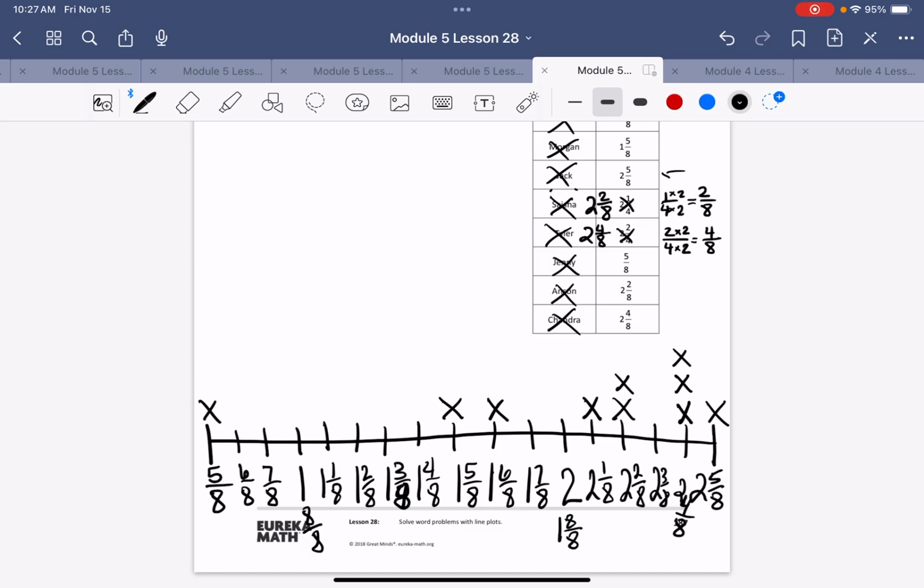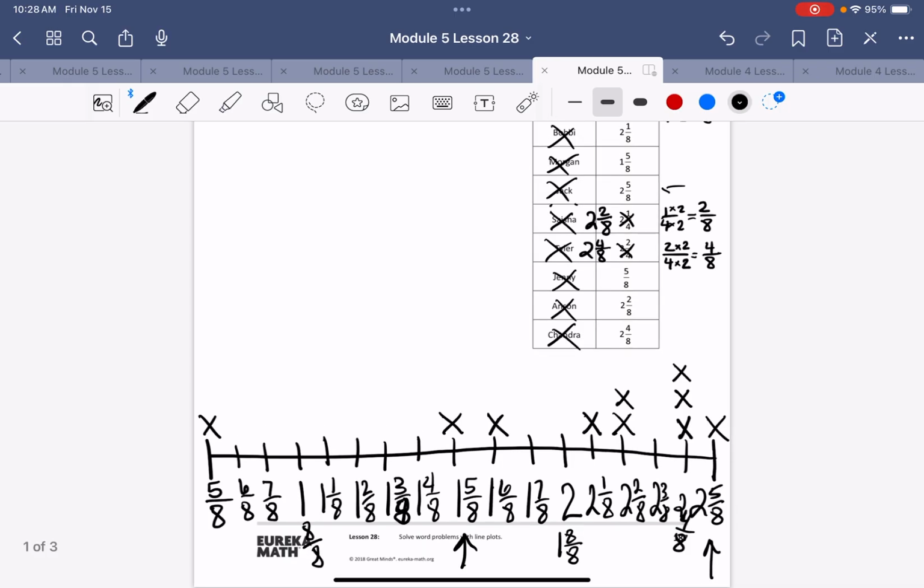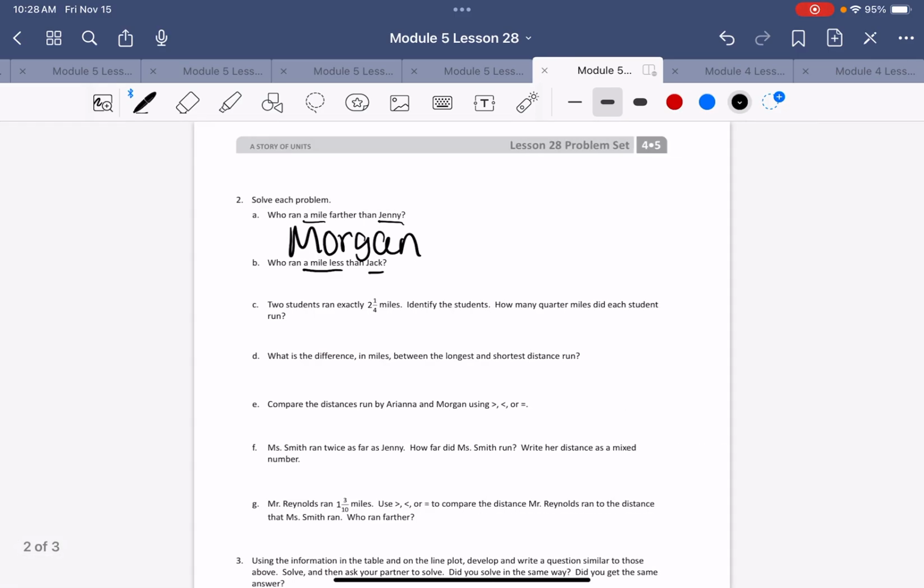So I look at 2 5/8. It said a mile less. So if I take 1 away from 2 5/8, then I would have 1 5/8. And when I looked at my chart, who had 1 5/8? It was Morgan. So again, my answer would be Morgan.